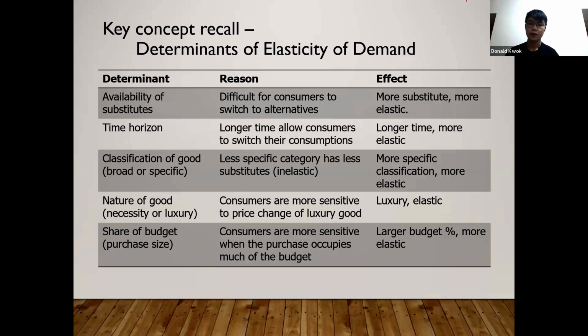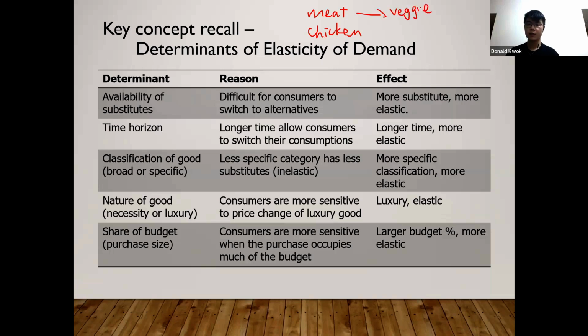The third point is about classification of good. Let me make up an example to illustrate this point. Let us consider the demand for meat and the demand for chicken. Obviously, chicken is under the category of meat. Chicken is a more specific category than meat. Regarding the substitutes to these two goods, when we're talking about the substitutes to meat, it could be veggie.